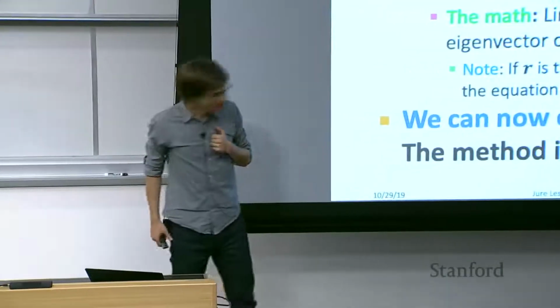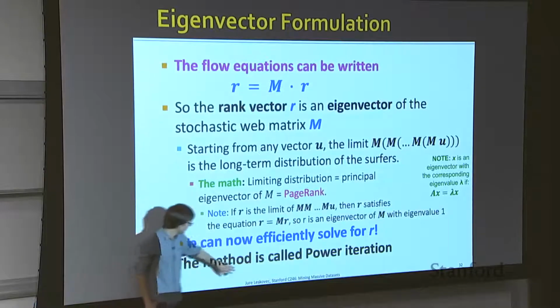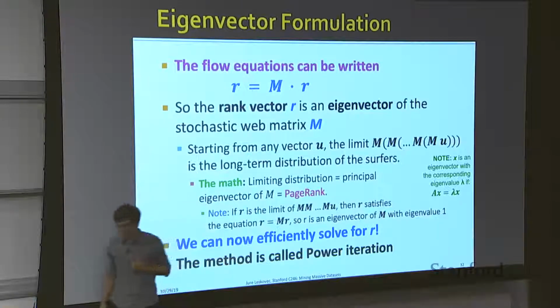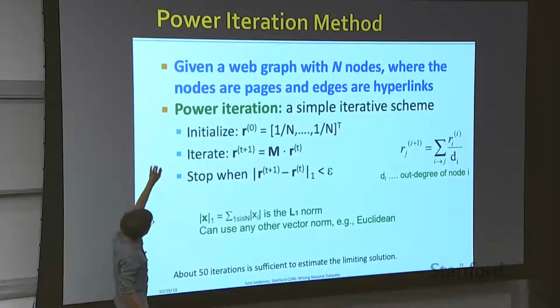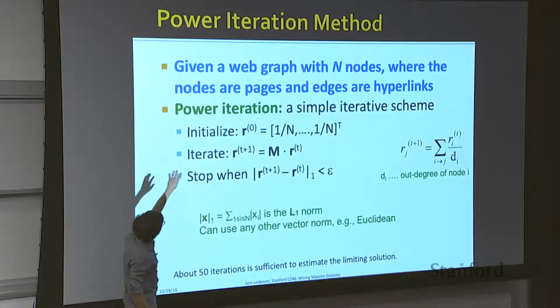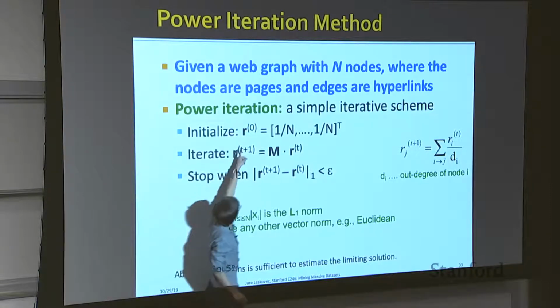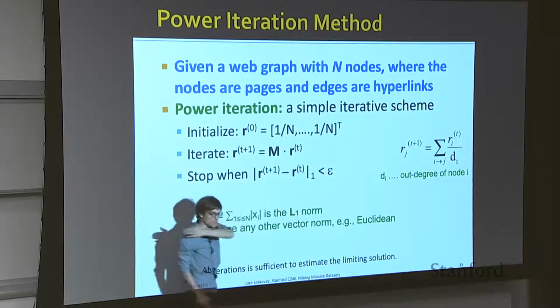So now this means that we can efficiently solve for r. And this method is called power iteration. Let me tell you what power iteration is. Given a graph with n nodes, all we will do is the following. We will initialize our r at 0 to be some vector, let's say 1 over n, just uniform.